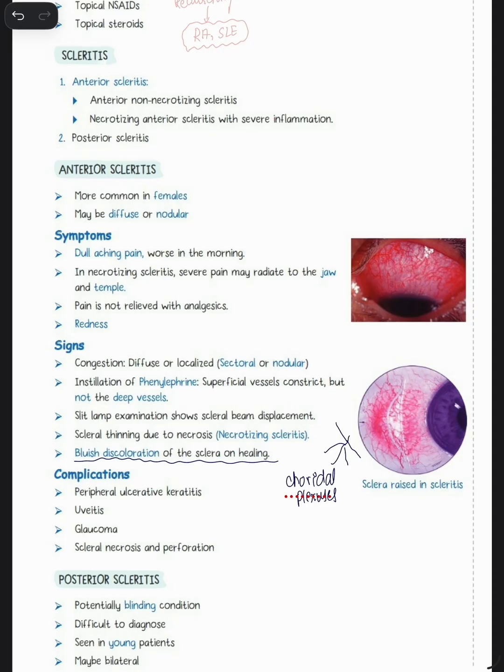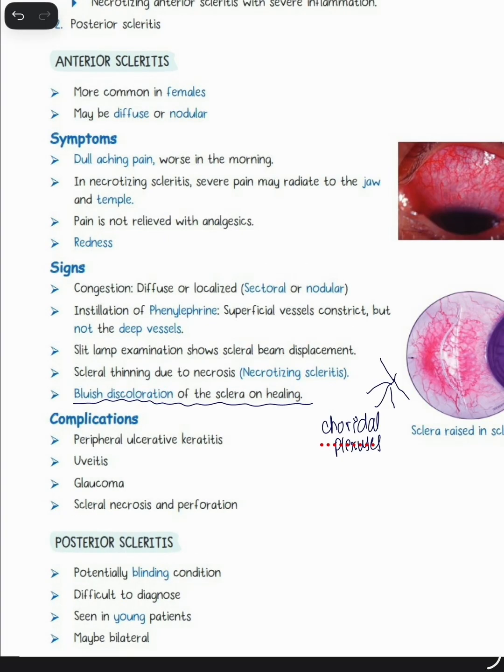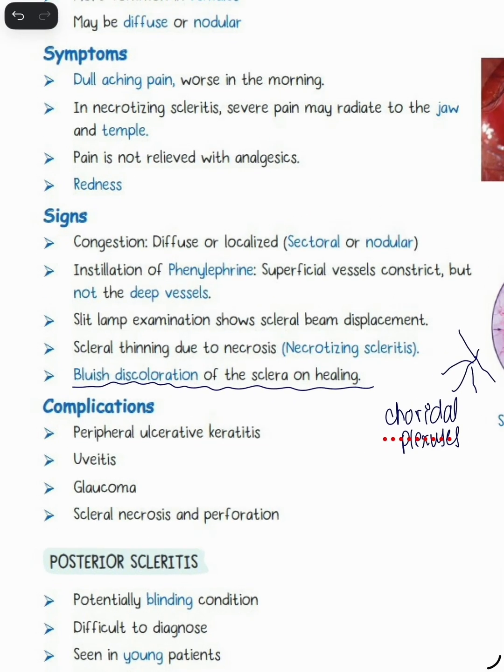And what signs do we see? There is congestion, and instillation of phenylephrine does not blanch the deep vessels, and slit lamp examination shows scleral edema and the raised sclera. And due to the scleral thinning, there is visualization of the choroidal plexus, due to which the sclera appears blue. Anterior scleritis is a condition which needs to be treated, because it can cause the following complications.